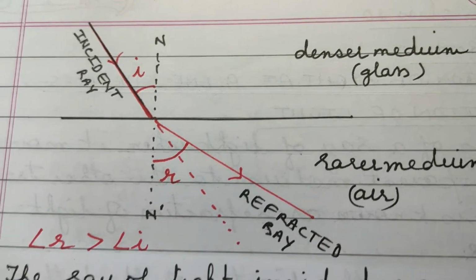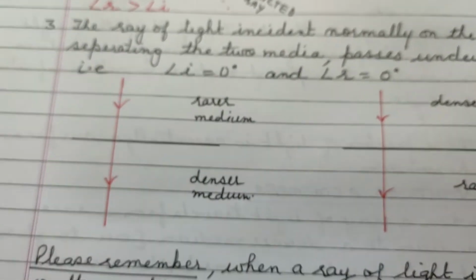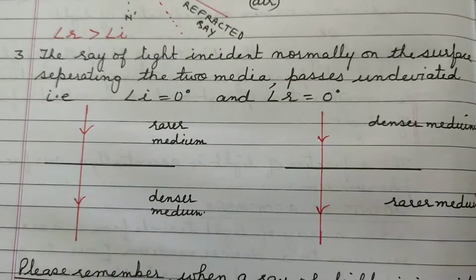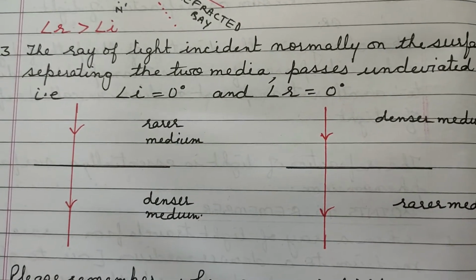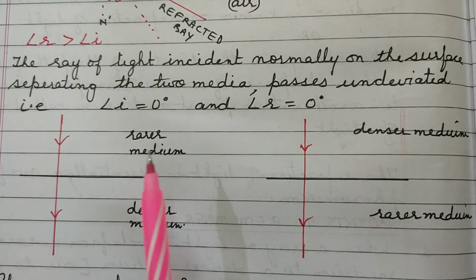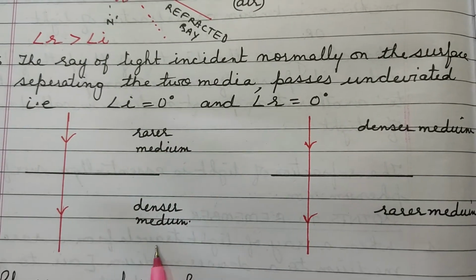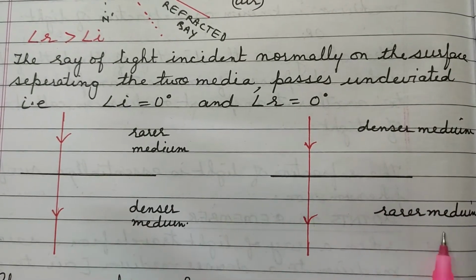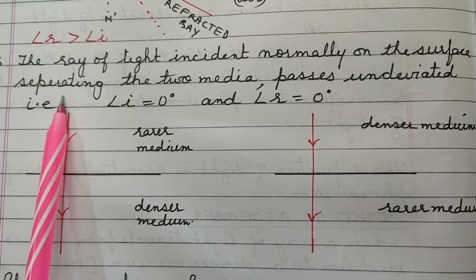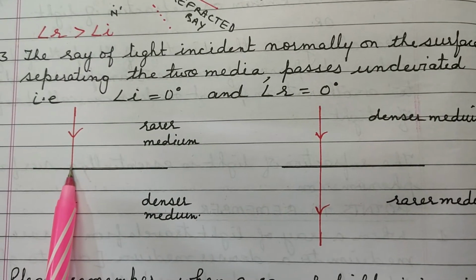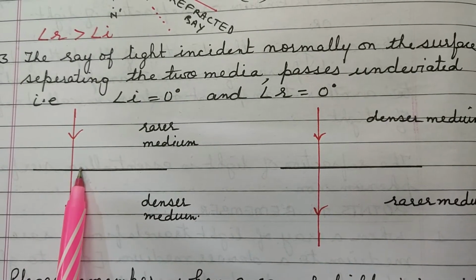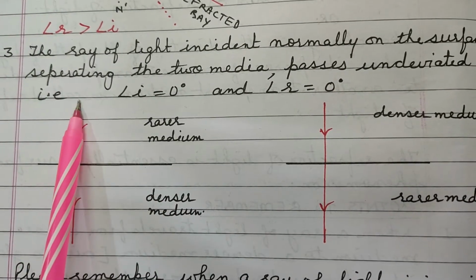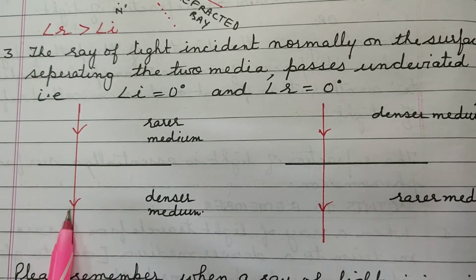Coming to the third point. If the ray of light is incident normally on the surface of separation, whether the ray is going from rarer to denser medium or from denser to rarer medium, meaning the ray is making a 90-degree angle with the surface of separation, in that case the ray moves undeviated.